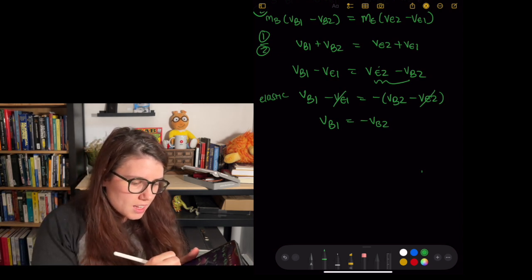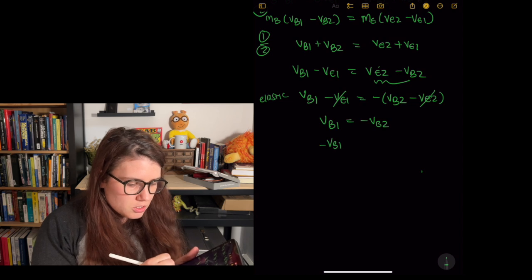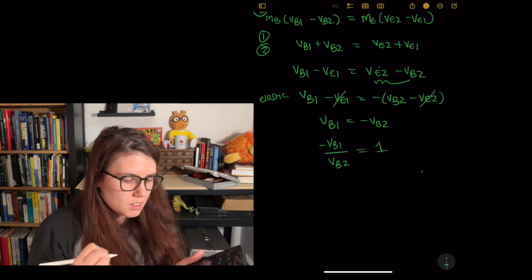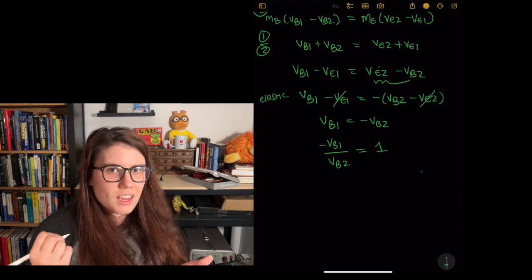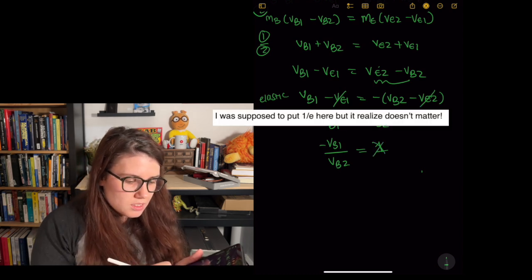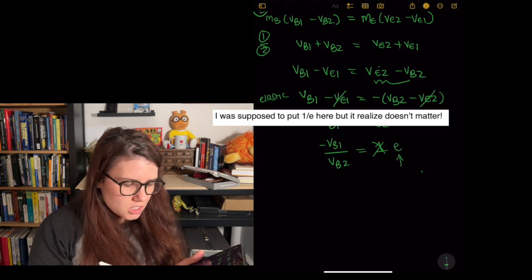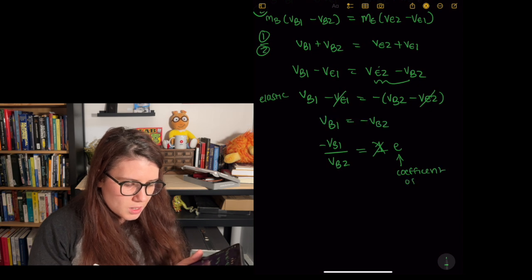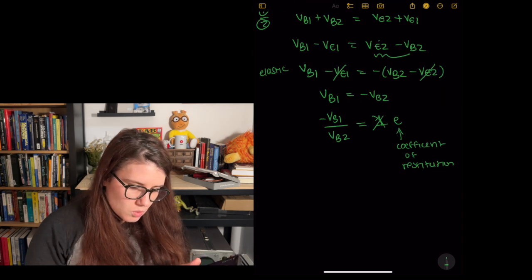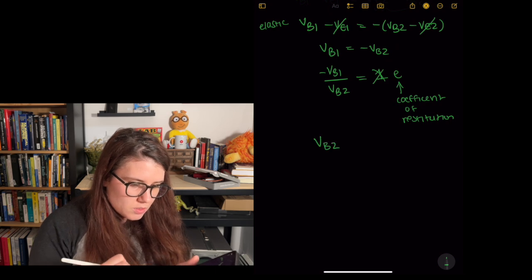So in this case, where the negative of the final velocity divided by the initial velocity is equal to 1, we know that that can't be the case for our ball. So instead, we set this equal to some constant. This is called the coefficient of restitution. What this actually means is that you have some new final velocity.